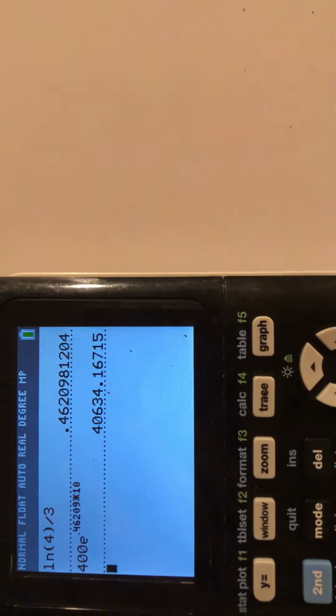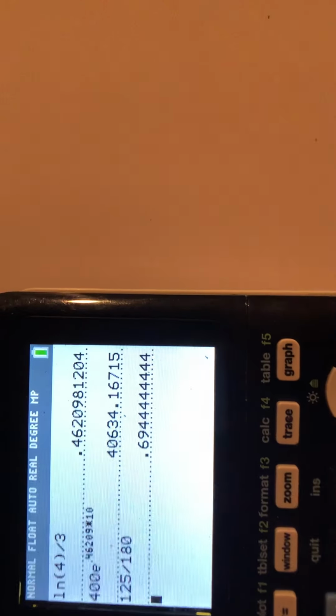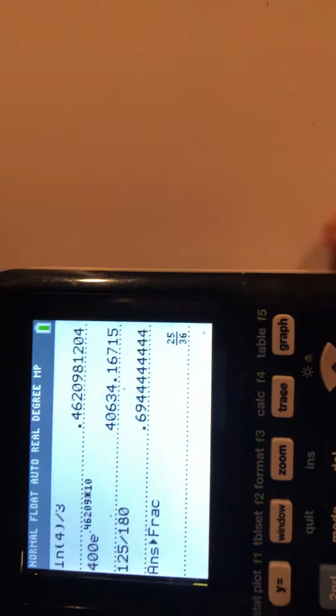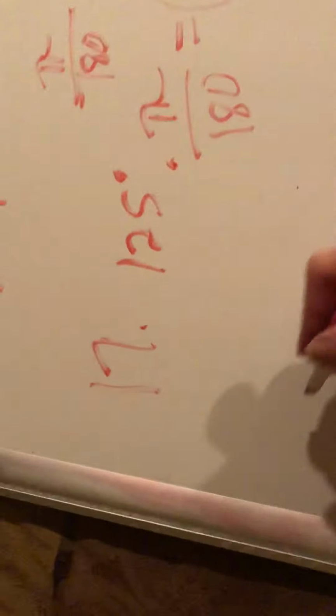So what you can do on your calculator is you can do 125 on top divided by 180. Hit that and then hit your math, enter, and it'll give you the fraction that you need. So it would be 25 pi over 36. Again, do not use decimals on ones like 17.